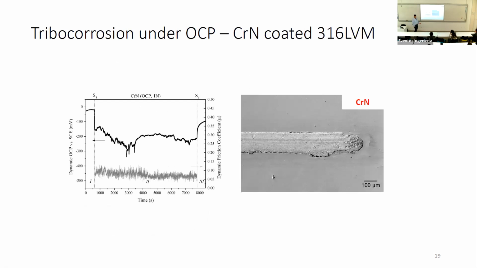The chrome nitride. In this case, now we're having quite big problems. So we're seeing the OCP on sliding start, it goes down and it's quite unstable. So some corrosion was going on, and the corrosion seems to have been happening at the interface between the coating and the substrate.